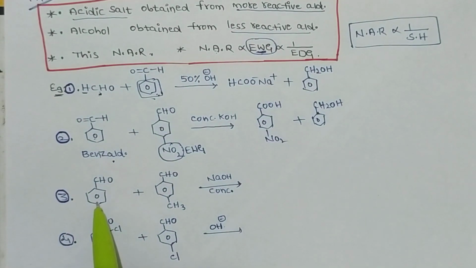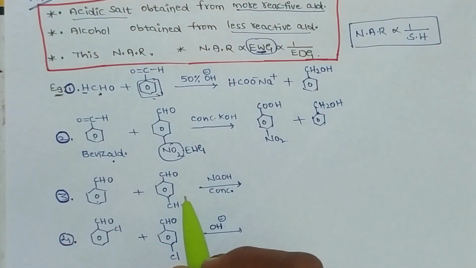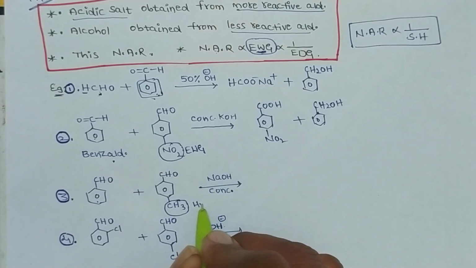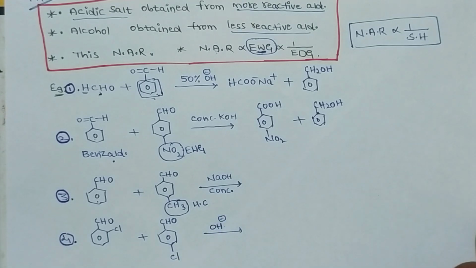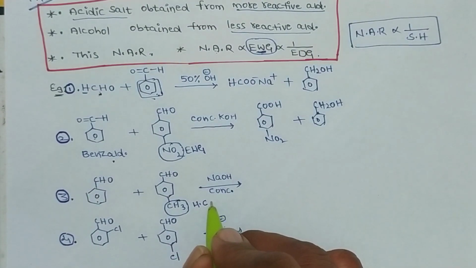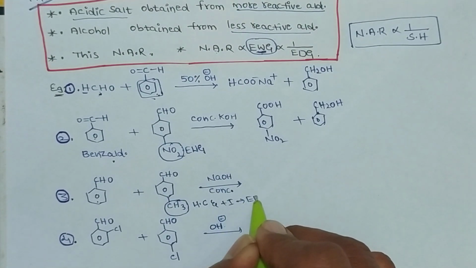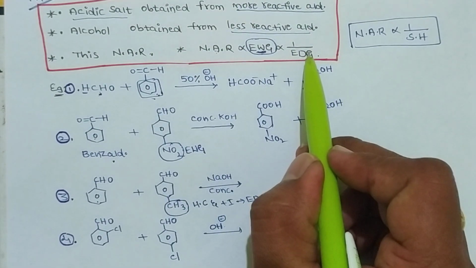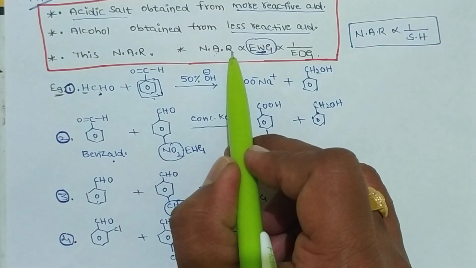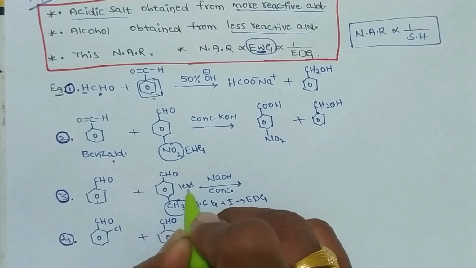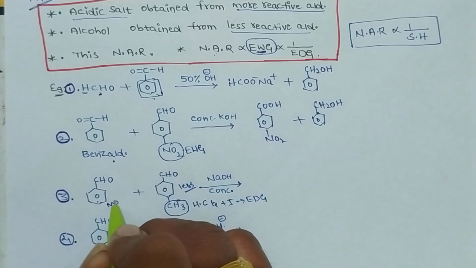Next, benzaldehyde with para-methylbenzaldehyde. Now this CH3 is an electron donating group. It shows hyperconjugation as well as the plus I inductive effect. Electron donating groups are not favorable for nucleophilic addition reactions, so this compound is less reactive, and the other compound is more reactive.